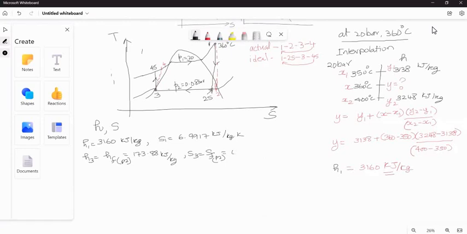This is from the reading, 0.5926, sometimes they will put 0.593 kilojoule per kilogram Kelvin. So these values should be read from the table, right? If you are not familiar with these things, then again we will work out problems, right?